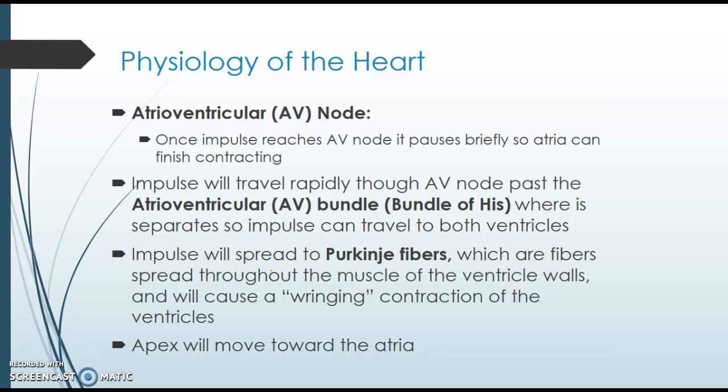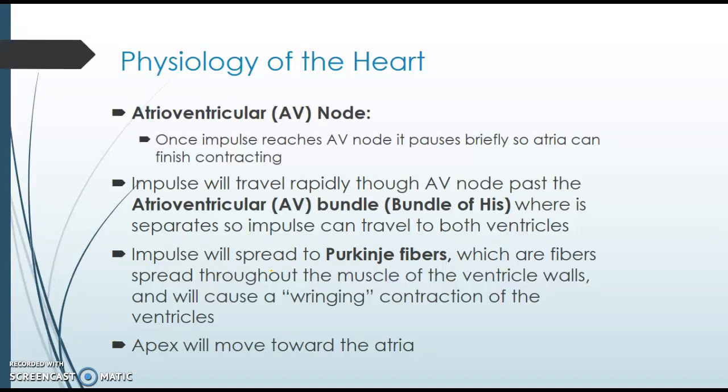So it's going to start in the SA node, and then the impulse is going to travel to the AV node. Once it goes into the AV node, it's going to travel down what's called the bundle of His, which is basically just a large portion of this cardiac nervous system, weird hybrid tissue.